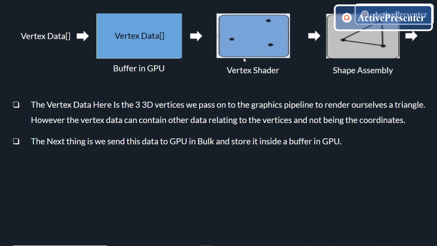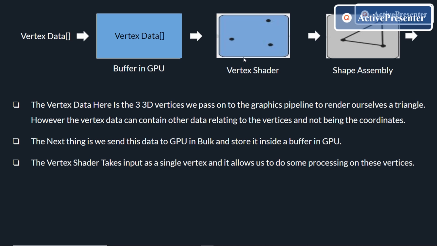Now starts the graphics pipeline. The first step of this graphics pipeline is called the Vertex Shader. Basically, the Vertex Shader takes input as a single vertex and it allows us to do some processing on these vertices. What type of processing we'll do, we'll see later.